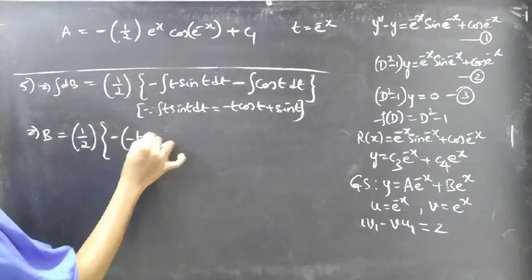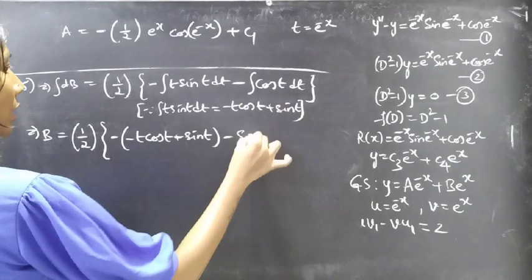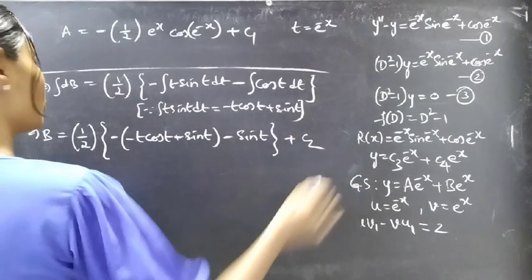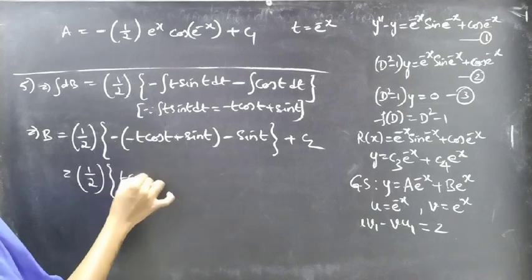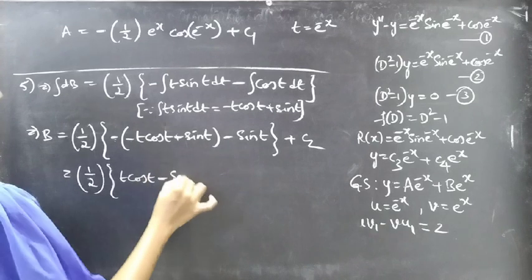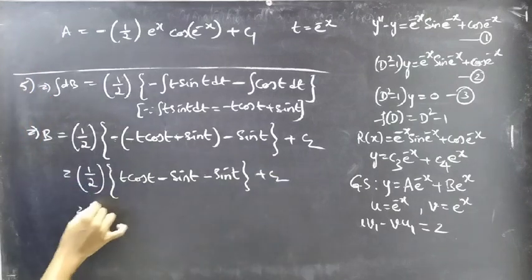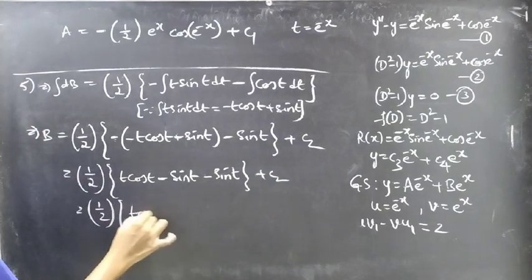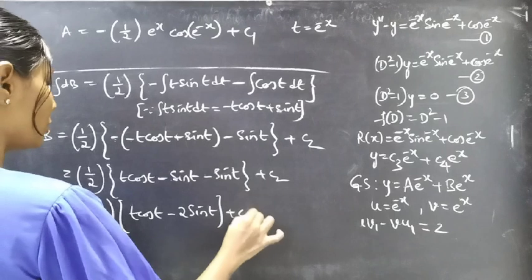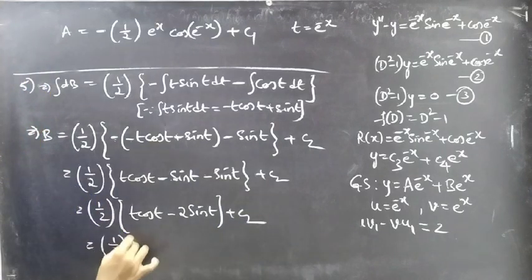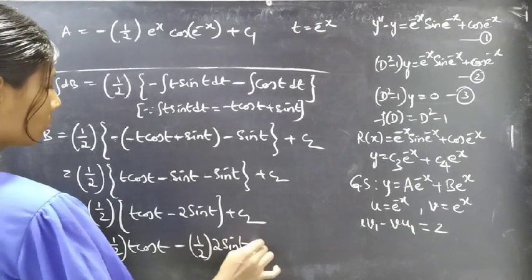We'll get minus of minus t cos t plus sine t, minus integral cos t dt, which is sine t, plus some integral constant, say c2. This gives us 1 by 2 into minus, plus t cos t, minus into plus, minus sine t, minus sine t, plus c2, which equals 1 by 2 into t cos t minus 2 sine t plus c2, which equals 1 by 2 t cos t minus 1 by 2 into 2 sine t plus c2.